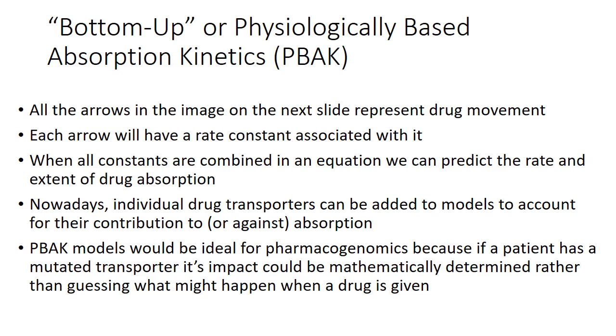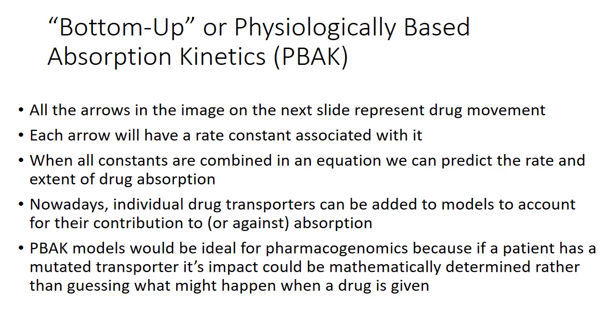Okay, now we know, starting off in the 1990s, probably late 90s, they started to learn about these transporters, drug transporters, and started to clone them so we could characterize each one individually. And now, because we've characterized individual drug transporters in the intestine and in other organs, we can add those to these pharmacokinetic models to account for their contribution.